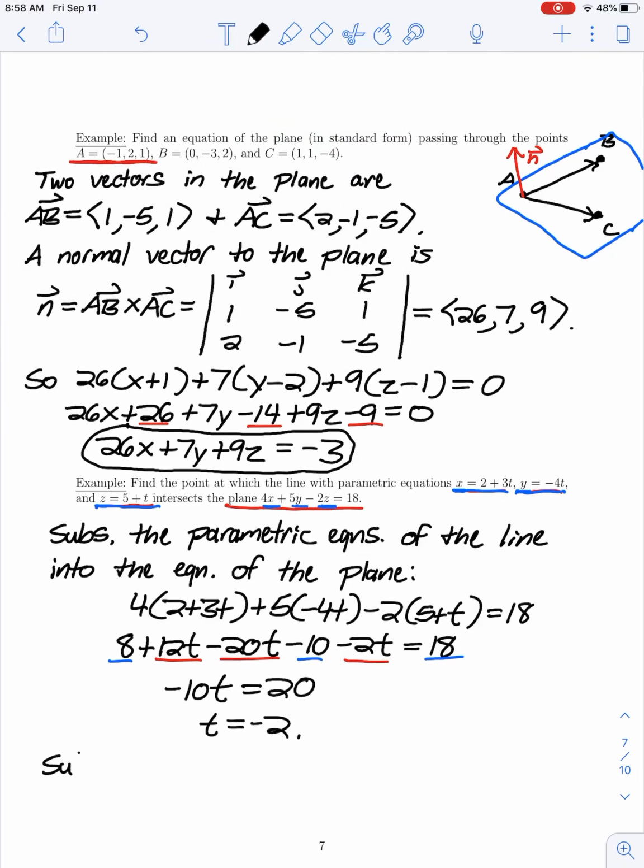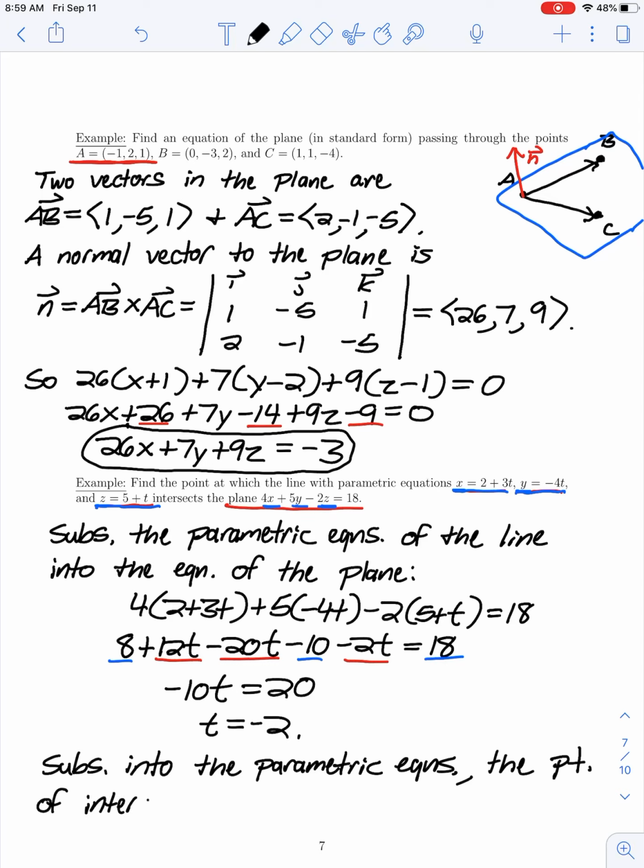So substituting into the parametric equations, the point of intersection is the point x, y, z.